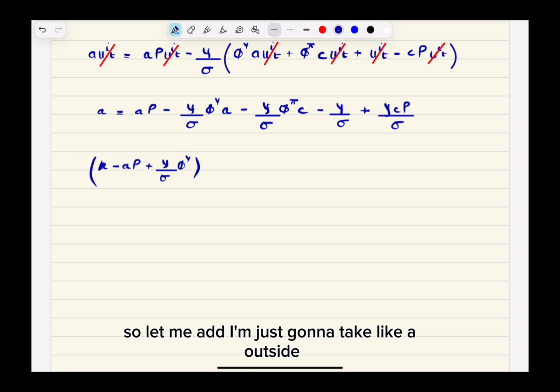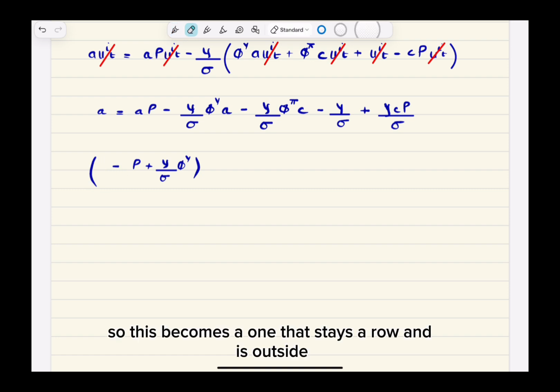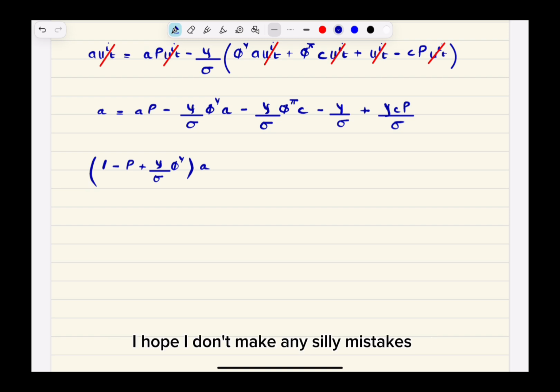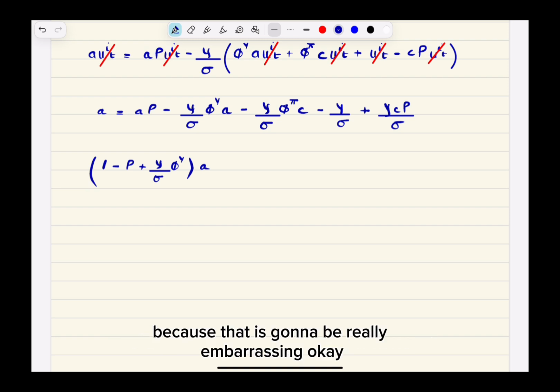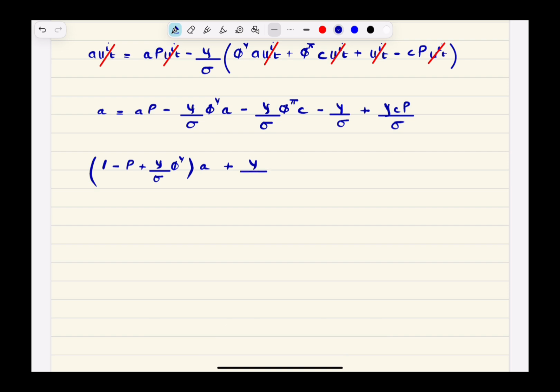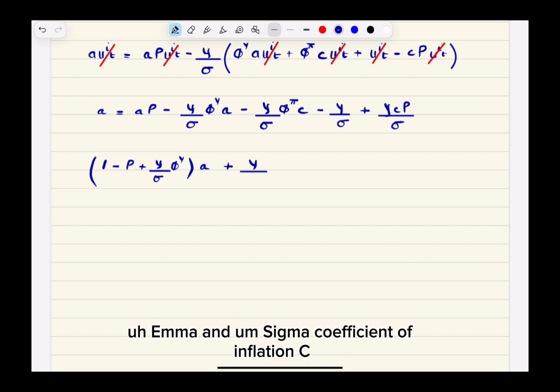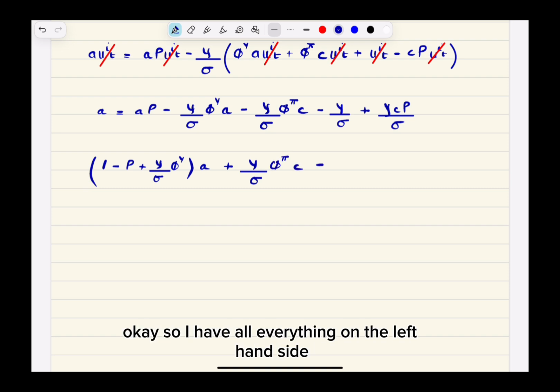So I'm just going to take a outside, so this becomes a 1, that stays a rho, and a is outside. But I hope I don't make any silly mistakes because that is going to be really embarrassing. Okay, gamma and sigma coefficient of inflation c. Okay, so I have everything on the left hand side.